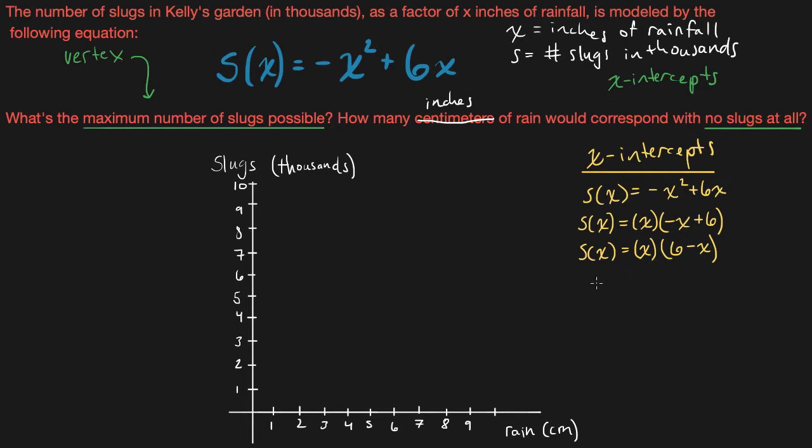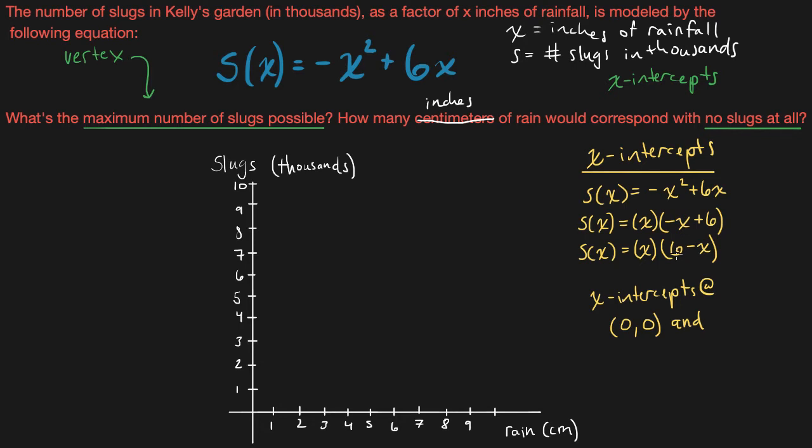And so we know that we have one x-intercept at x is equal to 0, and remember, y is going to be equal to 0 at our x-intercept. So we have one x-intercept at 0, 0, and that's just because if I substituted in a 0 for this x, then it would multiply this to 0, and my output would be 0. And then for this set of parentheses here, I can tell that if I substitute in a 6 for x, then I will have 6 minus 6, which is 0.